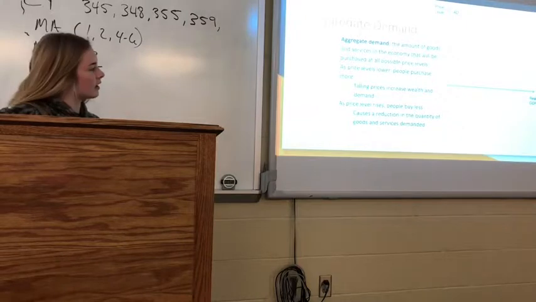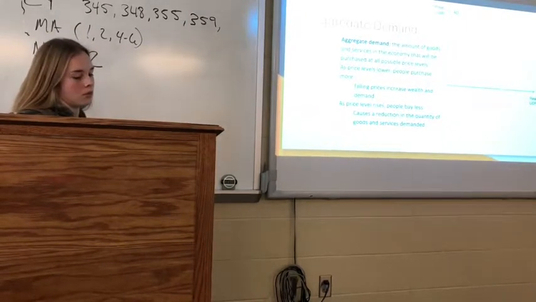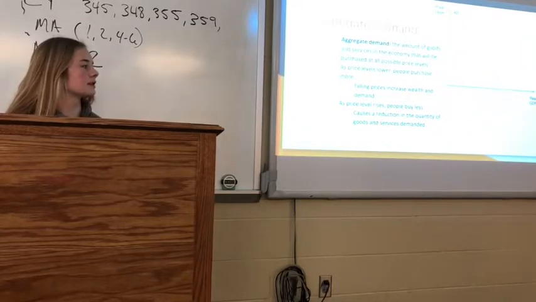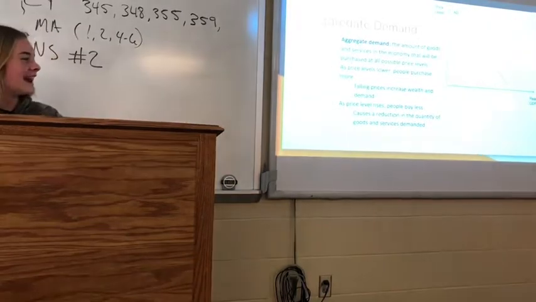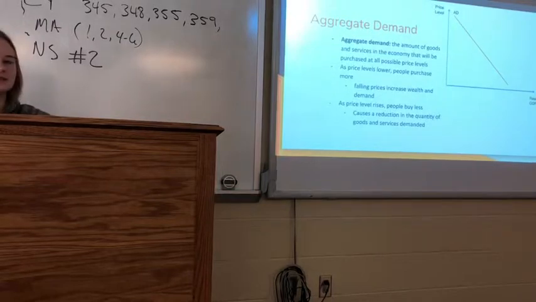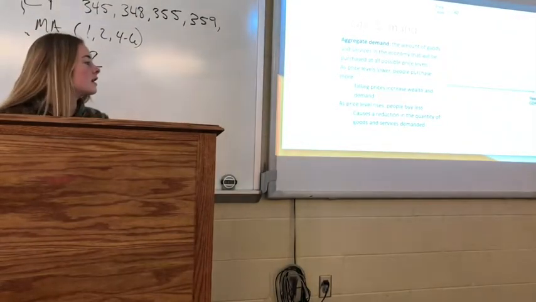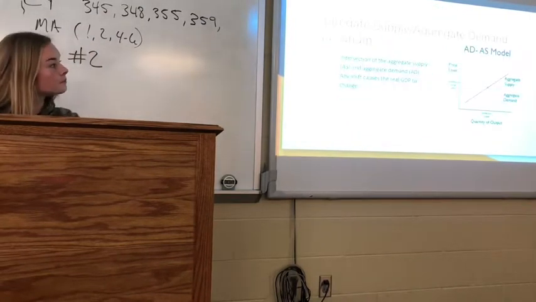So with this, the dollars that we hold are worth more at lower price levels than at higher price levels. And then as price level rises, people buy less because it's more expensive and people don't want to spend much money on certain things. And this causes a reduction in the quantity of goods and services demanded.